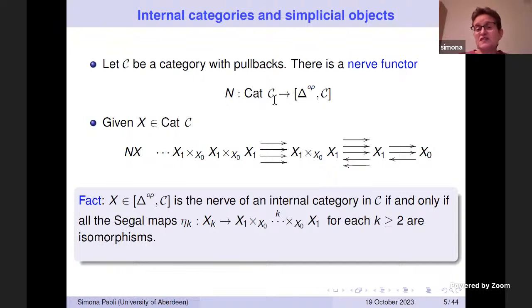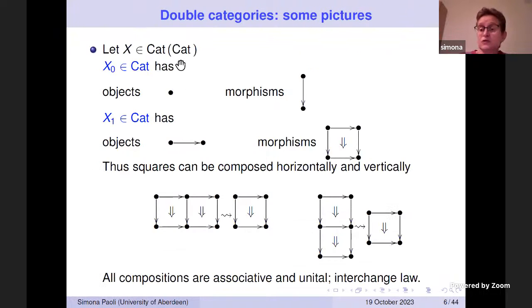If you start with C equals Cat, you can do, for example, internal categories in categories. These are well known. They're called double categories. Throughout this talk, double categories means strict double categories, so internal categories in Cat, because in some other parts of the literature, double categories also means pseudo double categories. That's not what I'm doing here.